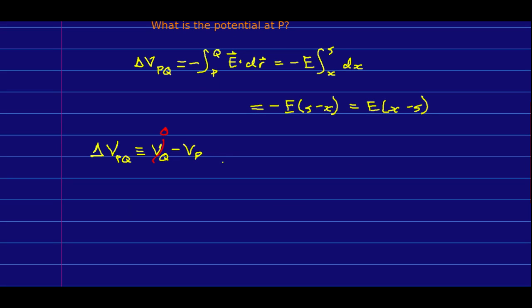That means V at P is just the negative of all this, or in other words, E(S minus x).